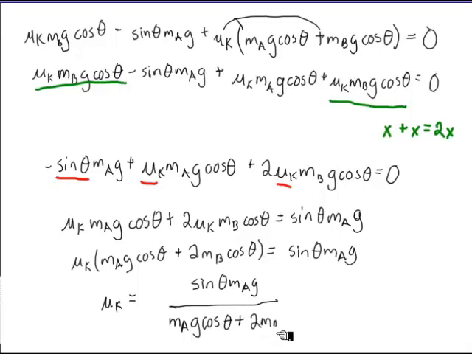You can basically factor out a g from the bottom. In fact, I dropped it here. This should have a g. There's a g in every term, so you can factor that out. But basically, you plug it all in your calculator, and you get 0.45.